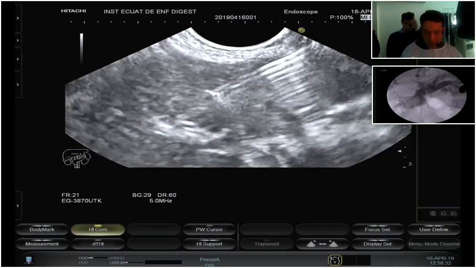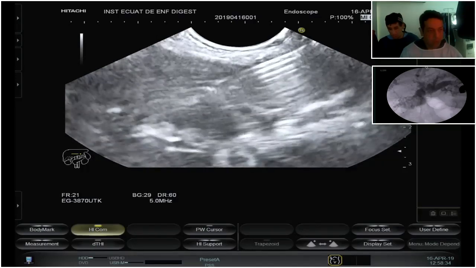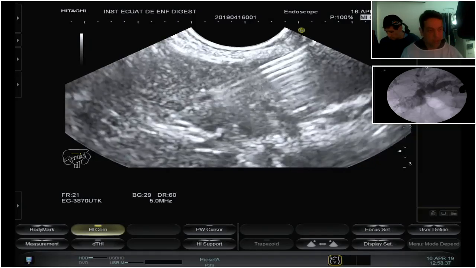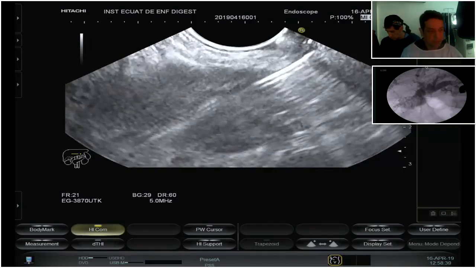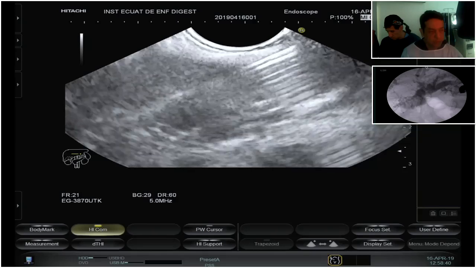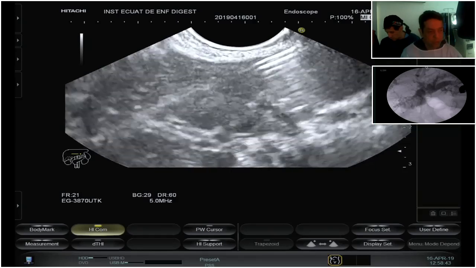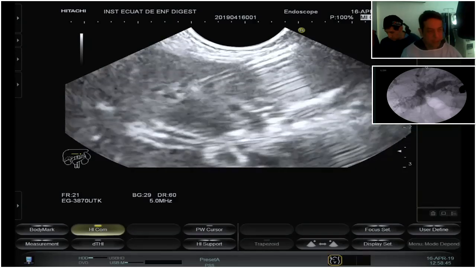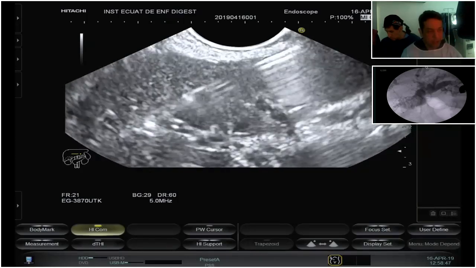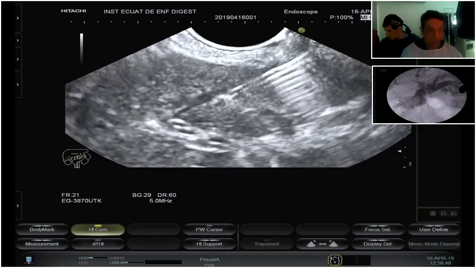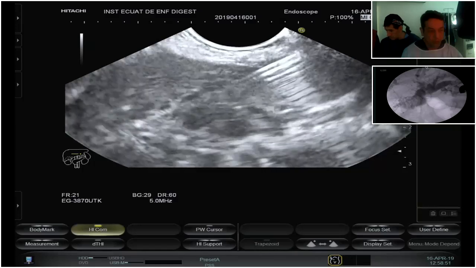No quiero tanta aspiración. Necesito menos. Using an acquired needle, I will have a good quantity of tissue of this liver, and I need my pathologist to say what is happening here, that probably there is a liver cirrhosis.